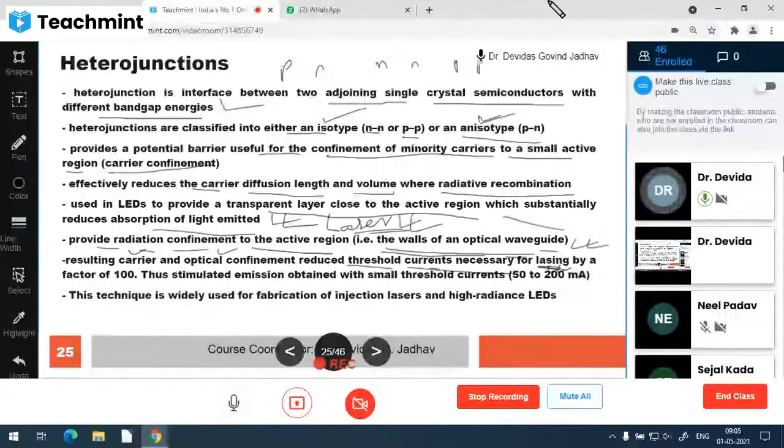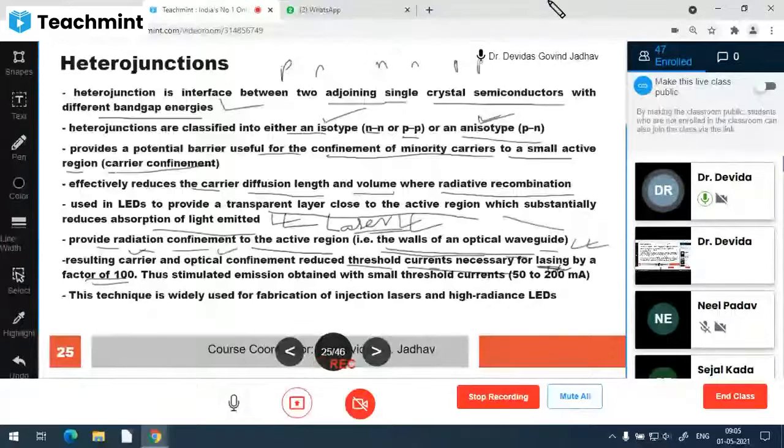Due to the carrier and optical confinement, the threshold current required for lasing is reduced by a factor of 100. So if the confinement is not kept, then the threshold current required would be 100 times larger.